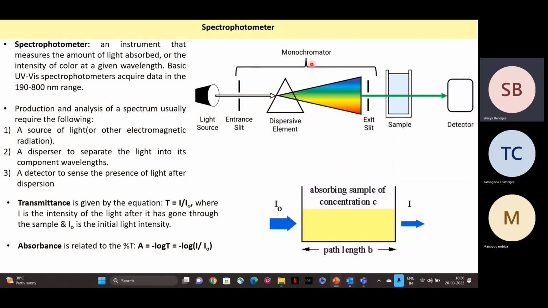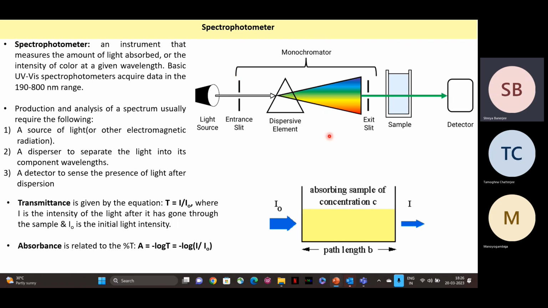This whole region, all these components together, the entrance slit, the dispersive prism, and the exit slit, form the monochromator. We had learned during X-ray crystallography that a monochromator is an instrument that converts light of multiple wavelengths into a single wavelength light.